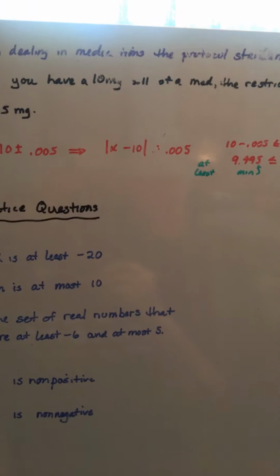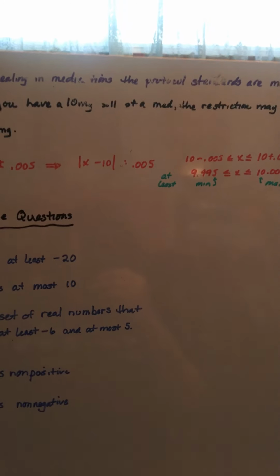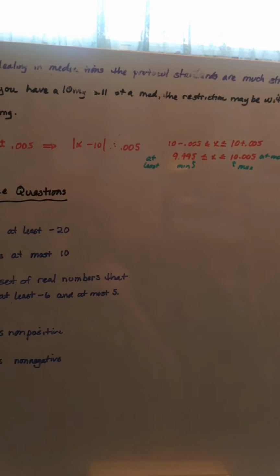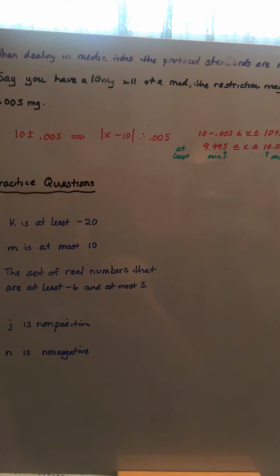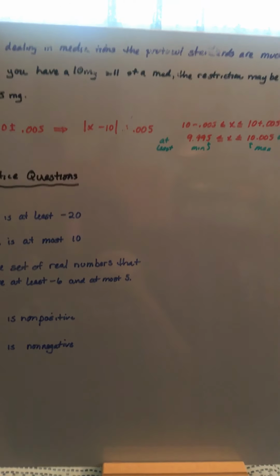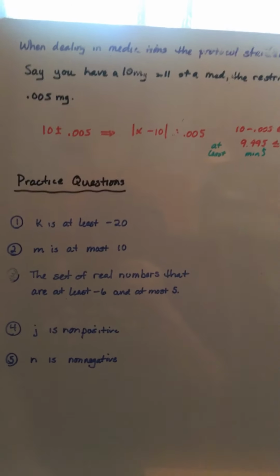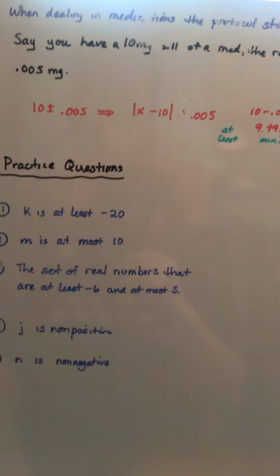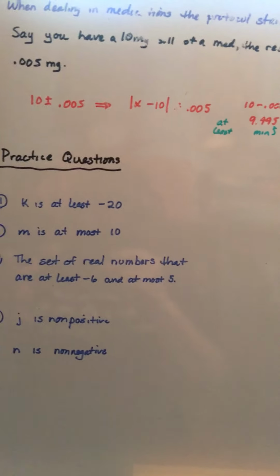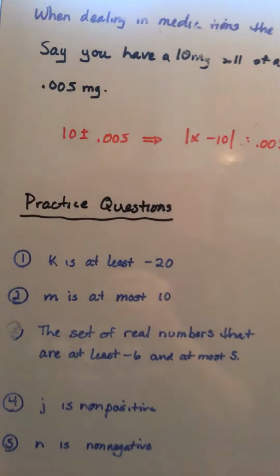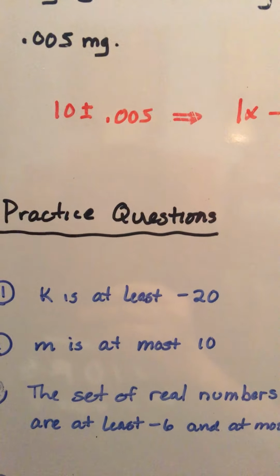So, when dealing with medication, the protocol standards are much stricter. Say you have 10 milligrams of a med, the restriction would probably be within 0.005 milligrams, maybe even a stricter restriction. And so here is what I'm told I can have.